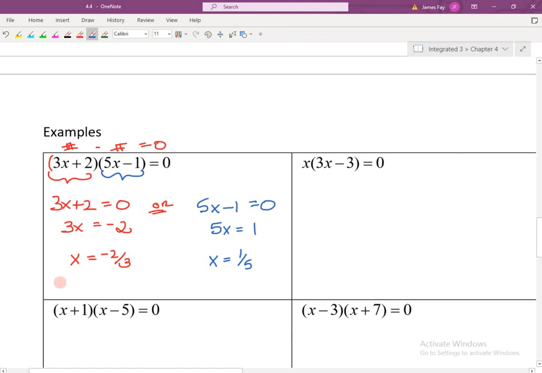We can write, I'll give you a couple different ways. We can write like curly brace, and then we write like negative 2/3, and then comma 1/5, and then a curly brace. I think a lot of times in like Math Excel, if there's multiple answers, I think Maya asked this question yesterday, how do I type in multiple answers?